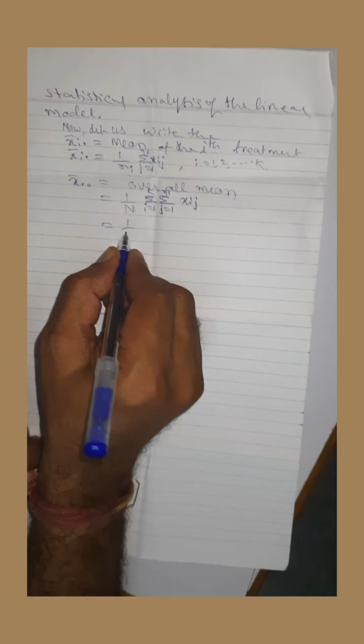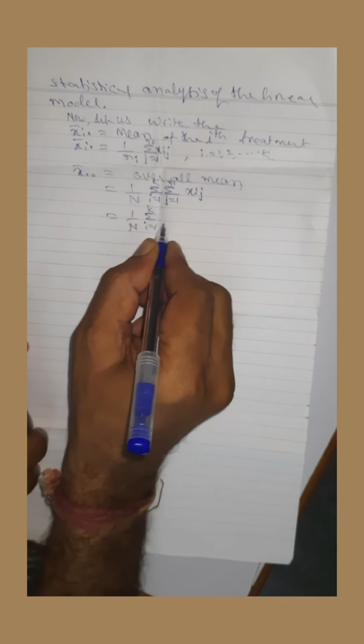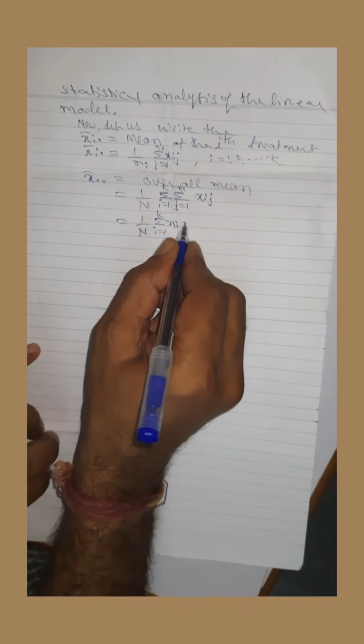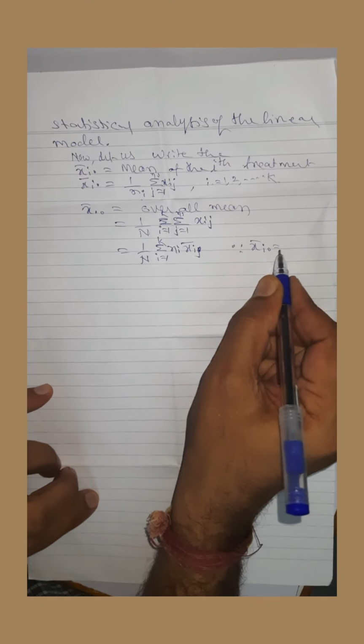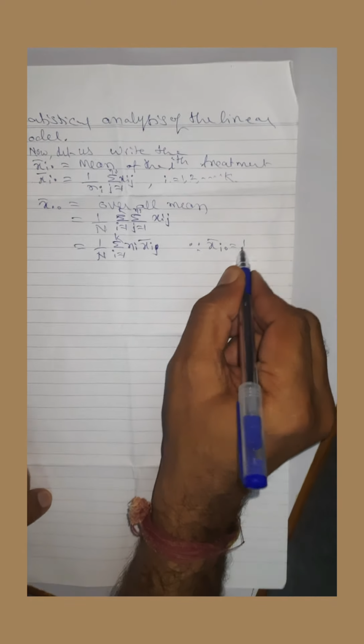This is equal to 1 upon N summation i is equal to 1 to k ni into x bar i dot, since x bar i dot is equal to 1 upon ni summation j is equal to 1 to ni xij.